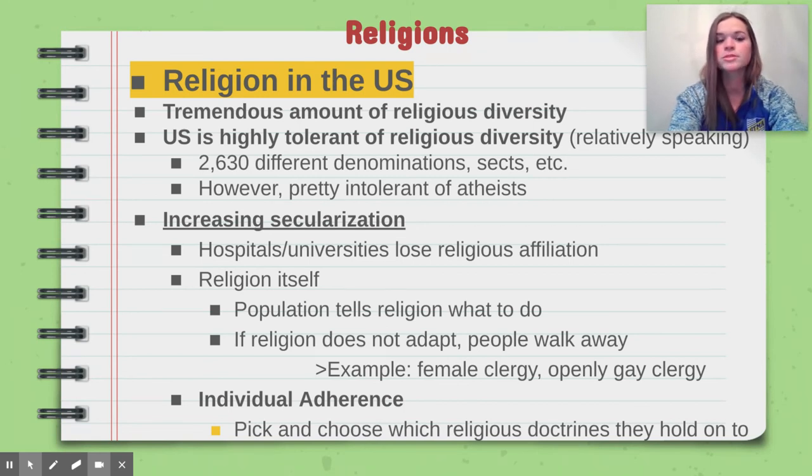There are 2,630 different denominations, sects, etc. in the United States. Overall, the United States is probably pretty intolerant of atheists. It seems like the United States likes when people follow something or believe in some higher power. So sociologists feel like overall it's maybe intolerant of atheists.